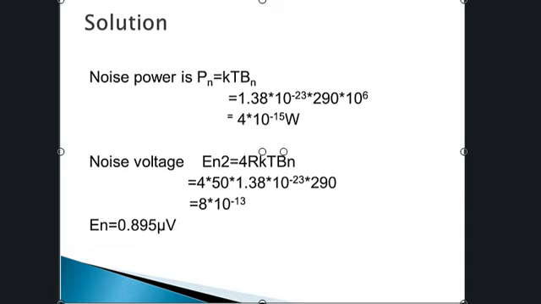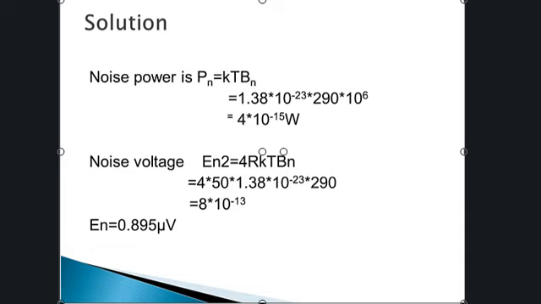We know the formula Pn is equal to kTBn, which comes out to be 4 into 10 raised to minus 15 watts. Here you have to be very careful with the units, since it has been given to us as 290 Kelvin and 1 megahertz bandwidth. Therefore, we have taken the value over here as 10 raised to 6.